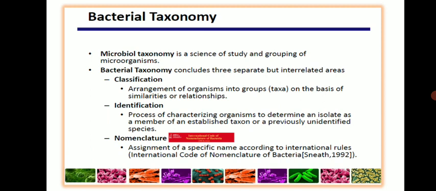In nomenclature, we assign a scientific name to that organism, according to international rules. For bacteria, the International Code of Nomenclature of Bacteria is the authorized body, just as ICBN or ICZN are for plants and animals.